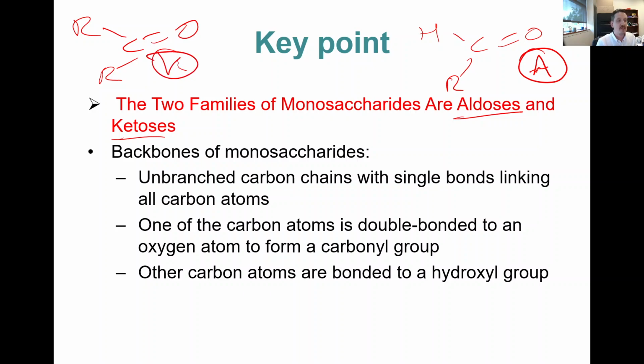So you have the aldoses and the ketoses, and monosaccharides are made up of unbranched carbon chains, with single bonds linking all the carbons. One of the carbons is double bonded to an oxygen to form the carbonyl, and the other carbon atoms are bonded to hydroxyl groups. That's the basic chemistry that we see.